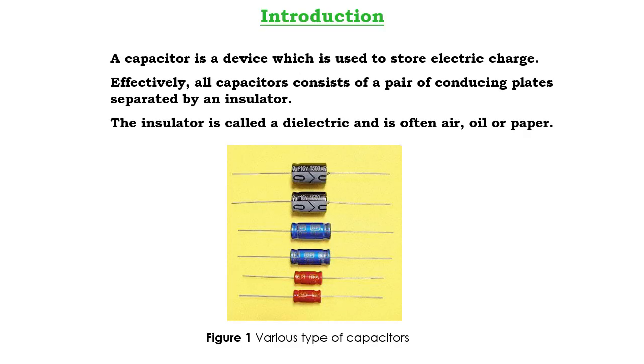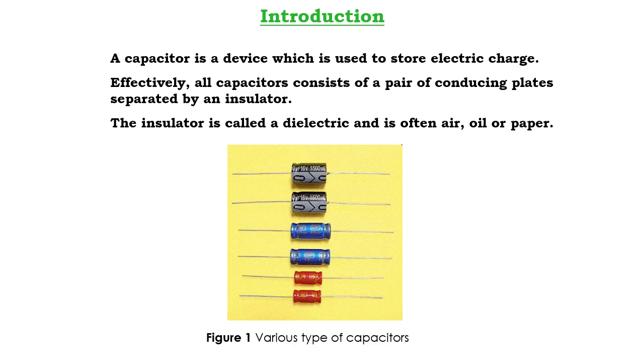A capacitor is a component which has the ability or capacity to store energy in the form of electric charge, so it produces a potential difference across its plates. It's much like a small rechargeable battery.